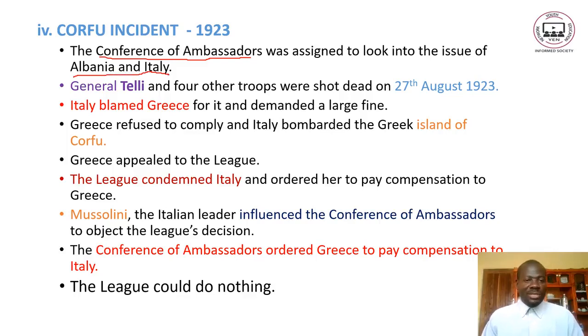What happened was that General Telly and 4 other troops from Italy were shot dead on 27 August 1923. So Italy blamed Greece for what happened there and demanded a large fine.